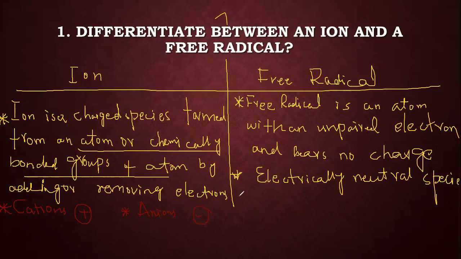For example, if hydrogen exists in its original form with one electron, it is a hydrogen free radical.